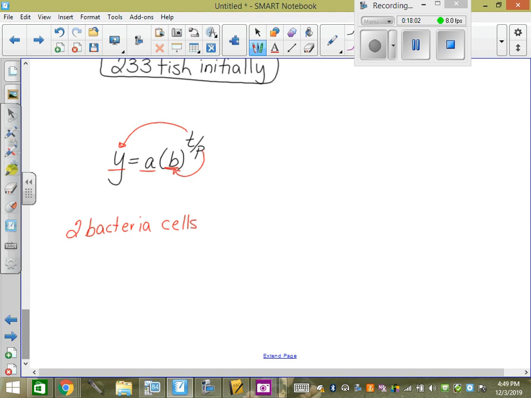Okay, so 2 bacteria cells in a petri dish, and they double every 10 minutes.